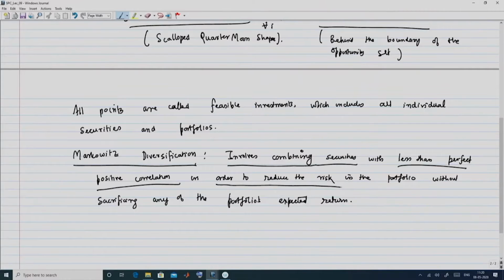And this is done in order to achieve a reduction in the risk of the overall portfolio, while retaining the expected return of the portfolio.